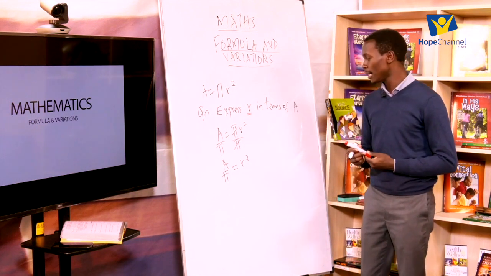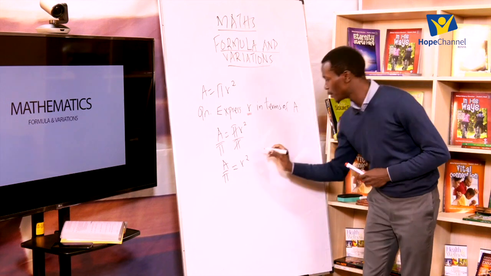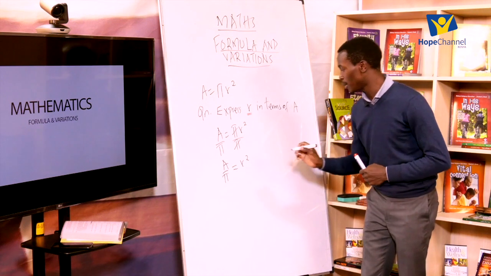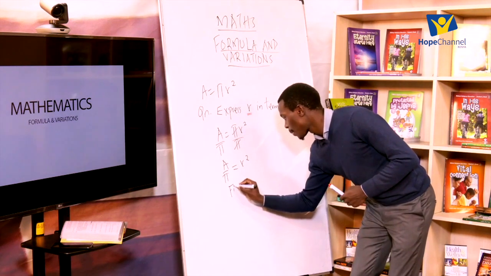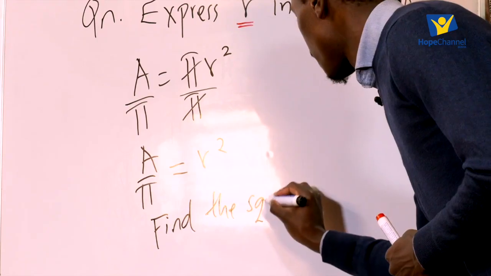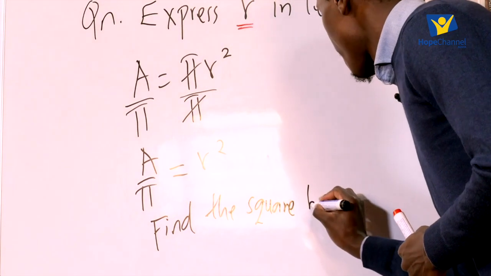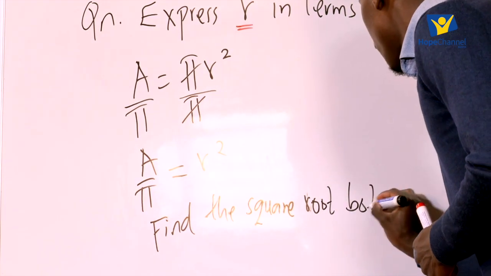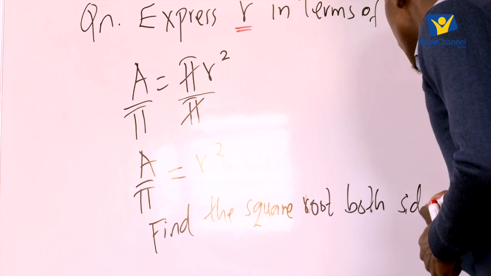So for us to make r the subject, we have to eliminate this square here, and to remove that square you find the square root. So find the square root both sides.